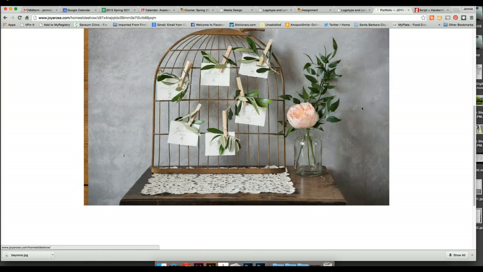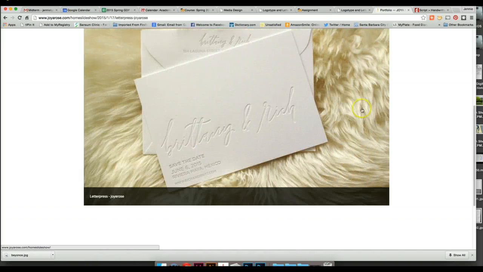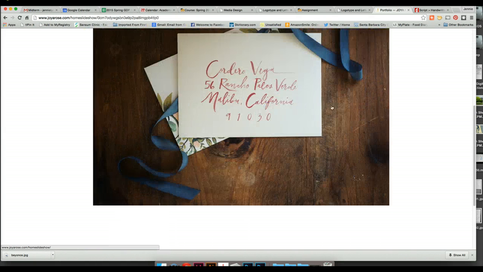Anyway, people pay money. In this case, she hand lettered it, scanned it in Illustrator, and then turned it into a blank letterpress. It's called a blind emboss. There's no ink, it's just imprinted. So that's what I mean by hand lettered.